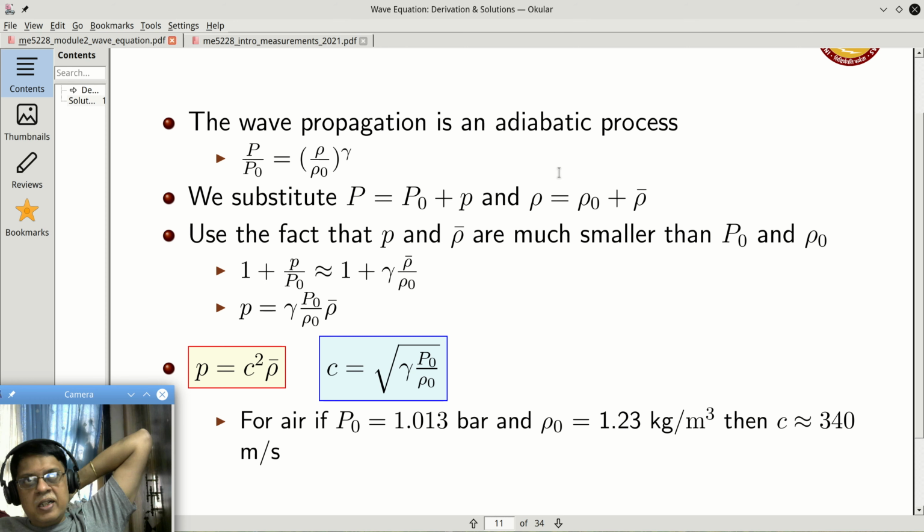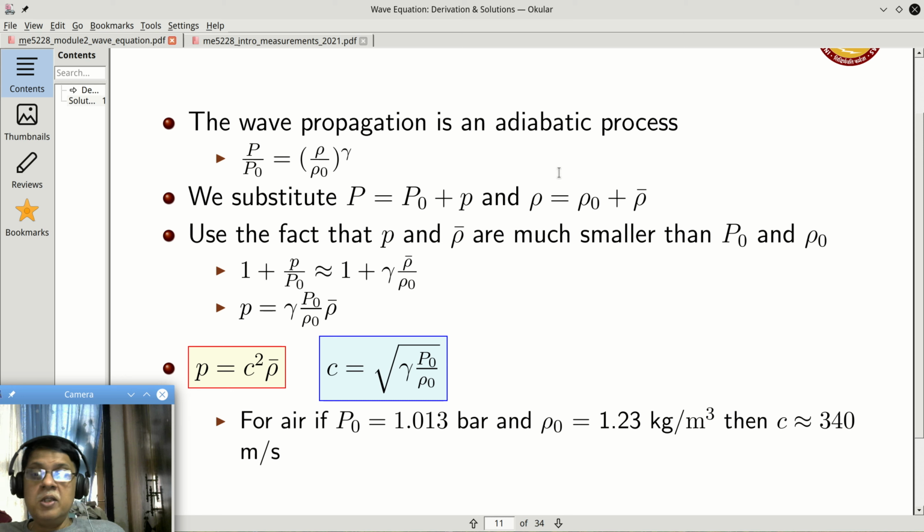Just bear with me, I will show you why the adiabatic assumption is correct. But if it is adiabatic, then from your knowledge of thermodynamics you have PV to the power of gamma. Remember, V is the specific volume, which is nothing but 1 over density, right? So you start with PV to the power of gamma equal to constant. The small v, the specific volume, is essentially 1 by rho.